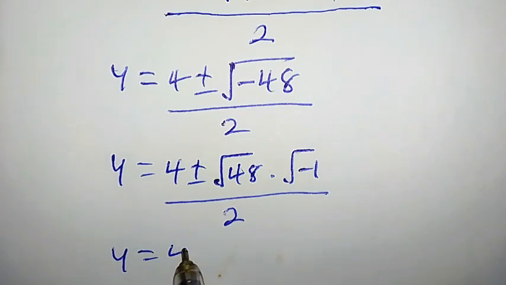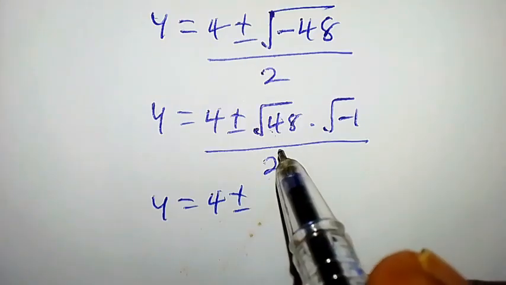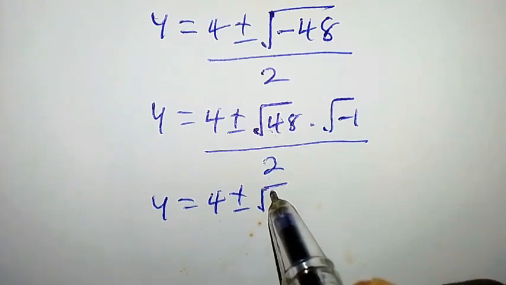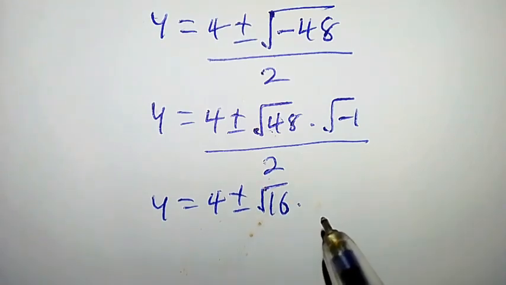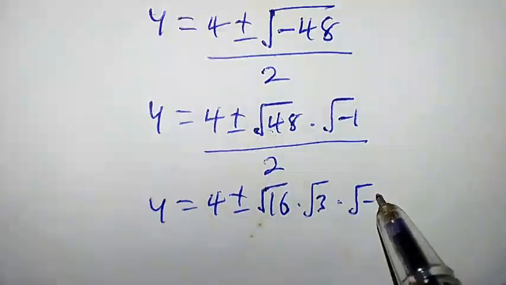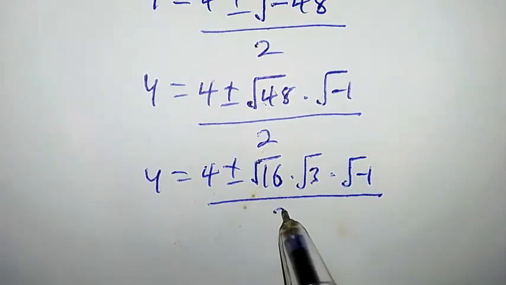We can also rewrite square root of 48 as square root of 16 times square root of 3 times square root of negative 1, over 2.